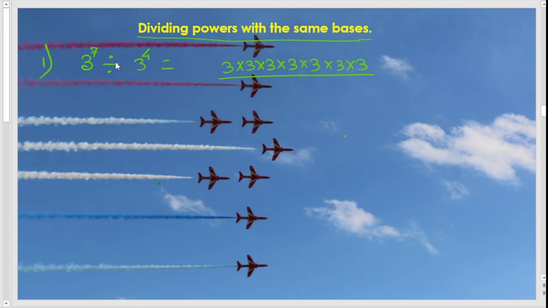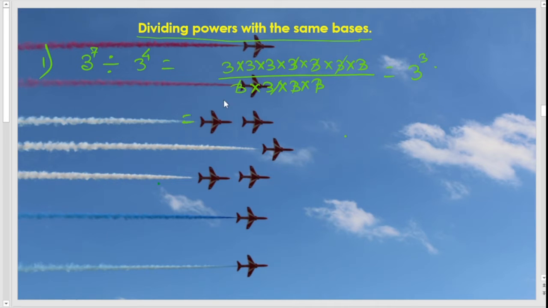Now divide it by 3 into 3 into 3 into 3. If we cancel all the 3s, what remains is 3 to the power 3.